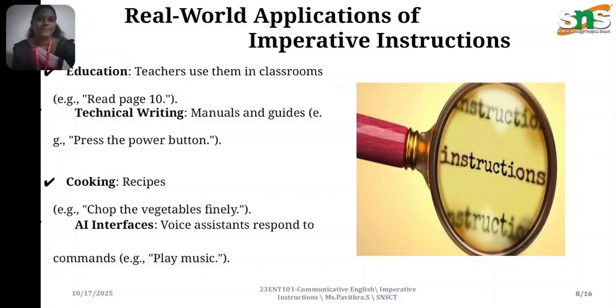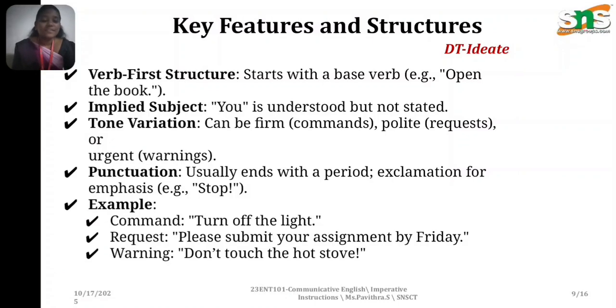Key features and structures. First, a verb-first structure: imperative instructions always begin with a verb, as I already told you. For example, open the book.